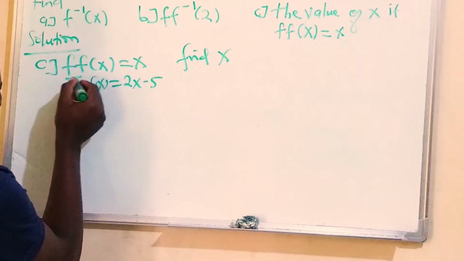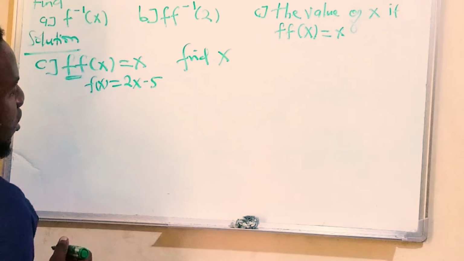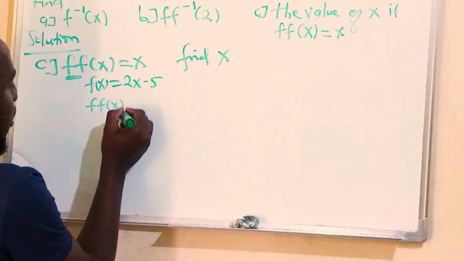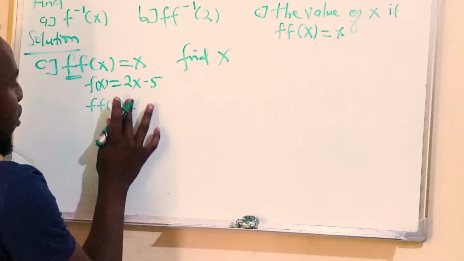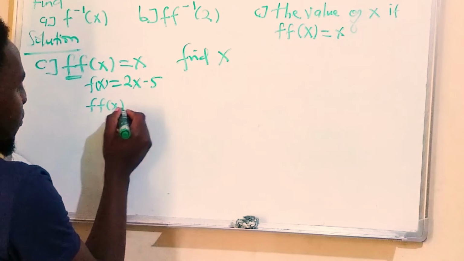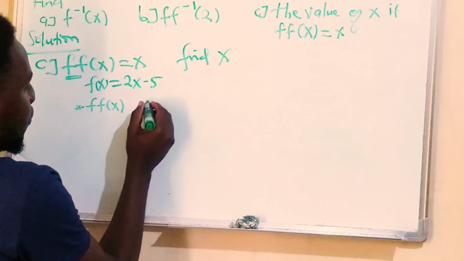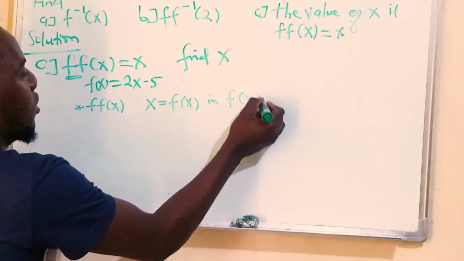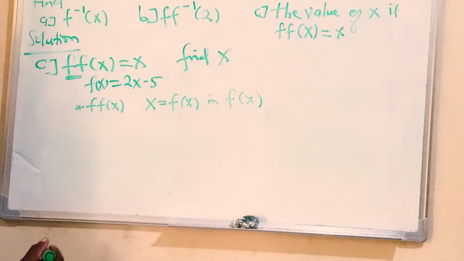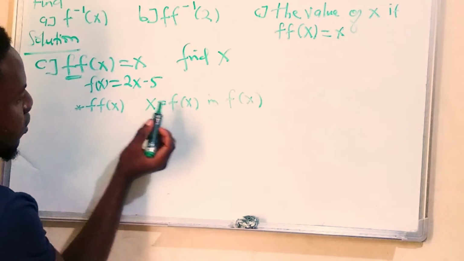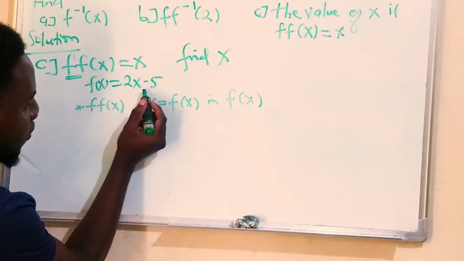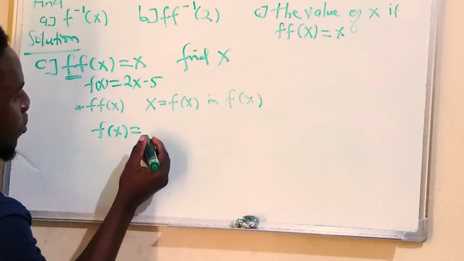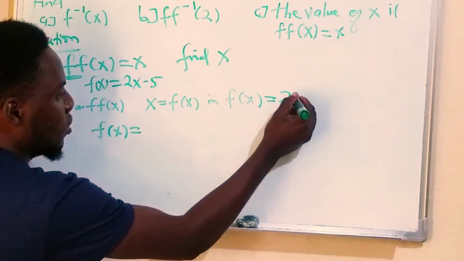This is a composite function, so where there is x in this f of x, we are going to put f of x. f of x itself is 2x minus 5.